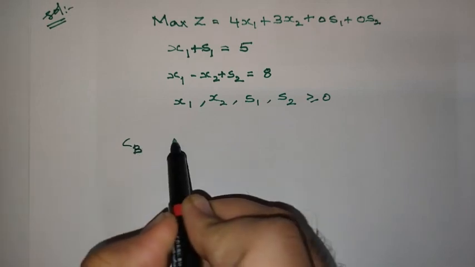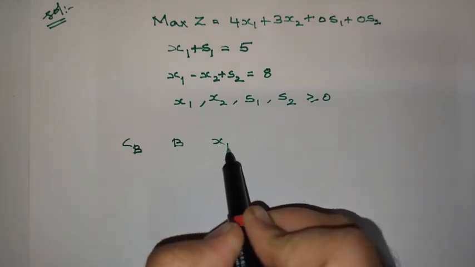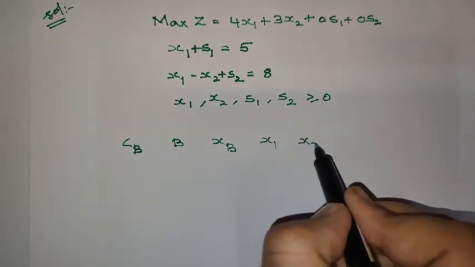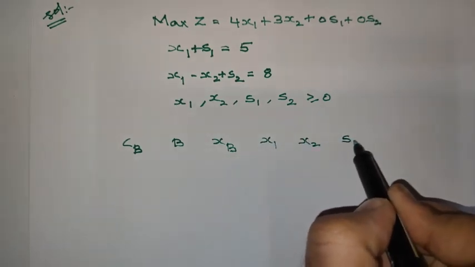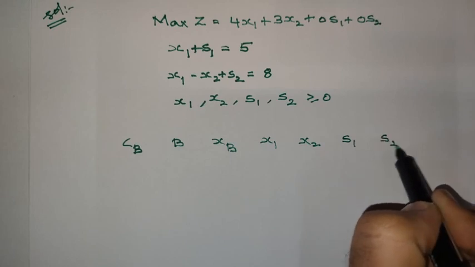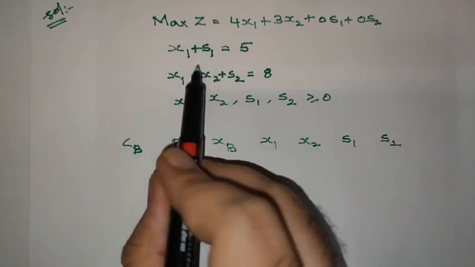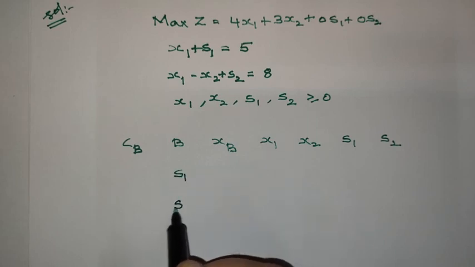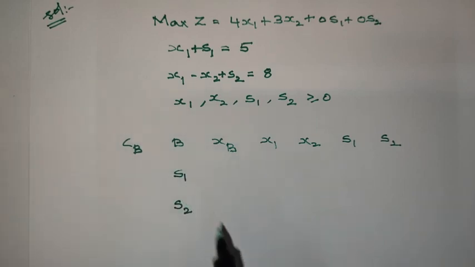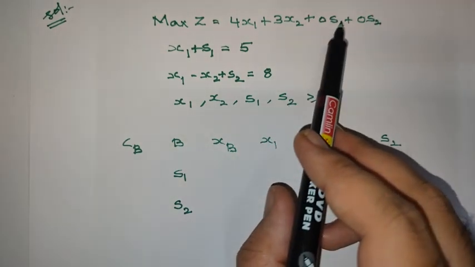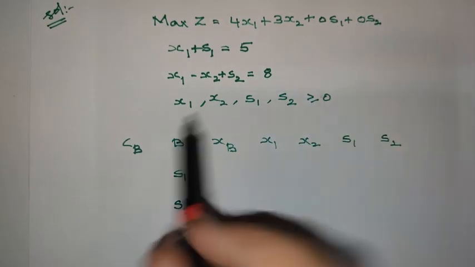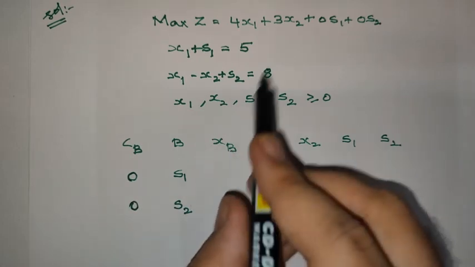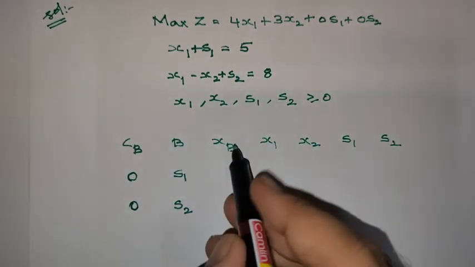CB, B, XB, X1, X2, S1 and S2. What are the basic variables? S1, S2, and the coefficients of S1 and S2 in the objective function are zeros. Next, the solution constants are 5, 8.